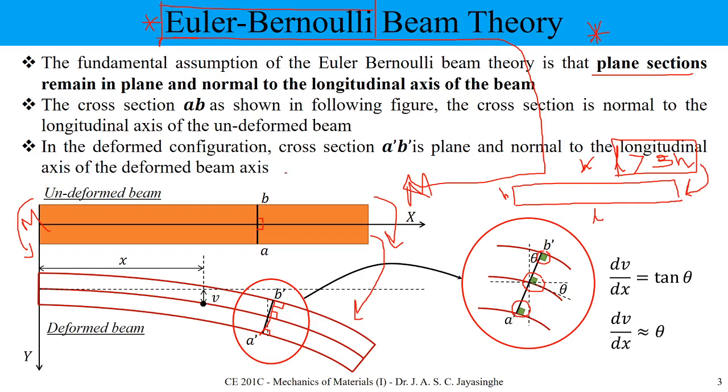That means we are not going to consider, under this beam theory, any shear deformation. Okay, so if you know now from the previous lecture, if you have shear deformation, you can see the warping effect. So that means this is going to shape like something like this.